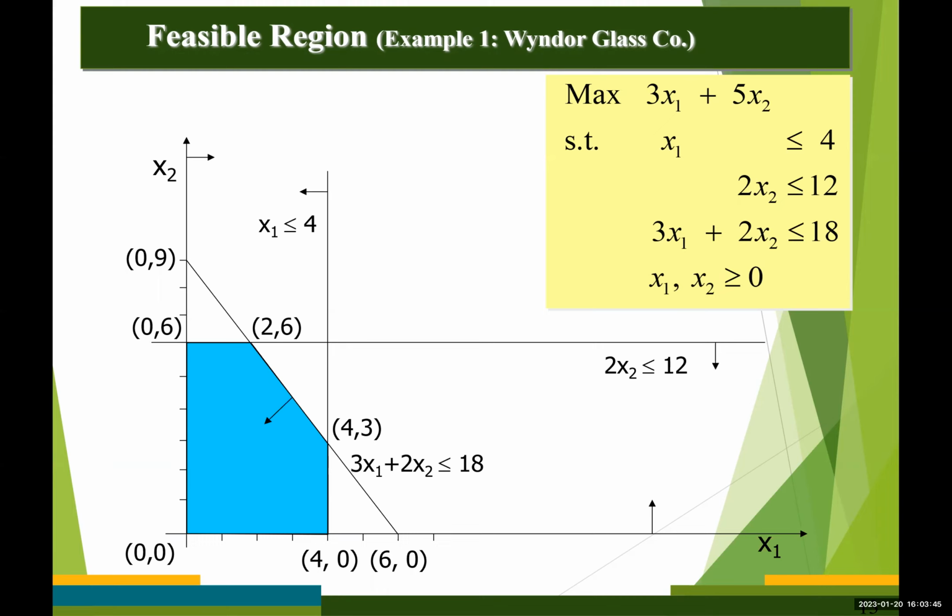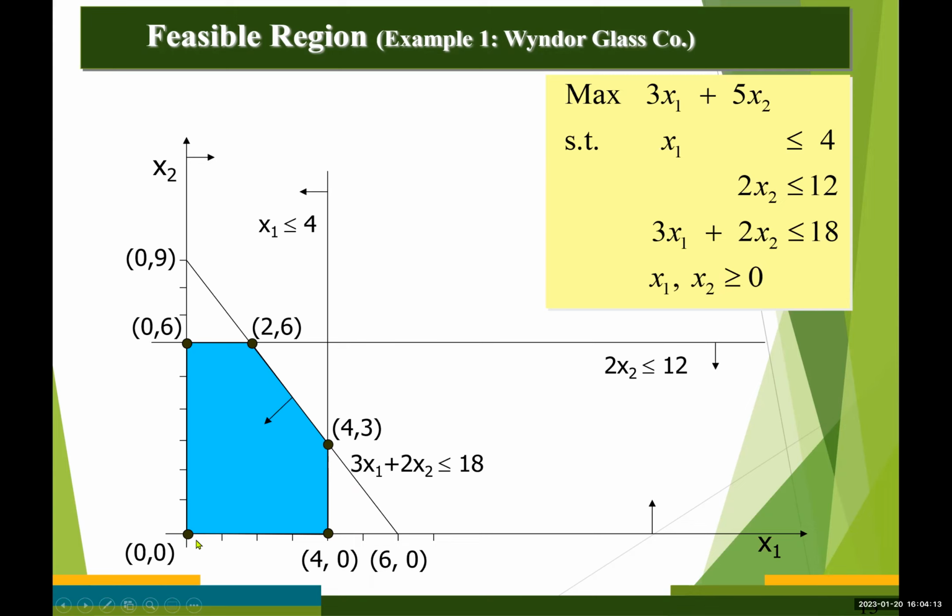Now I want you to recall your memory. What is the extreme point in this feasible region? How many extreme points do we have? The extreme points of this feasible region are simply these 5 different points: 1, 2, 3, 4, 5, right?